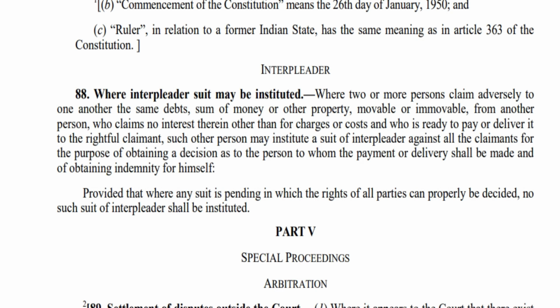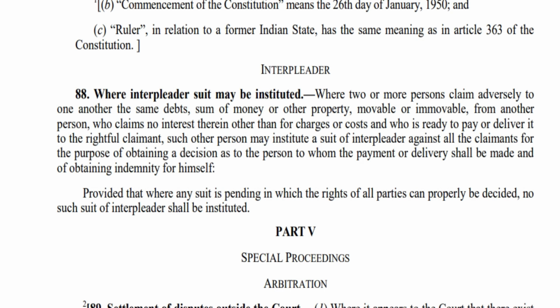Is there any exception, or is there any proviso to this? The main proviso is that if a suit is already pending between B and C, in that case, the interpleader cannot institute a suit. B and C are already fighting, we know. B has already instituted a suit saying that I am the rightful owner.